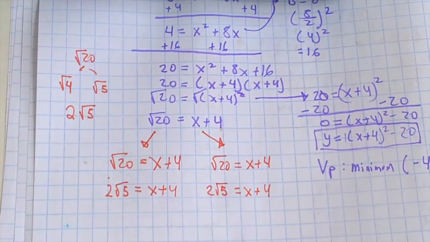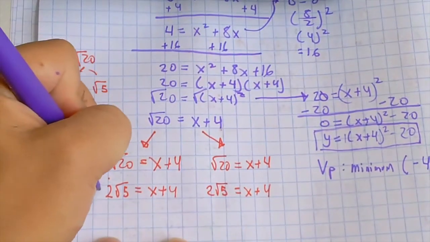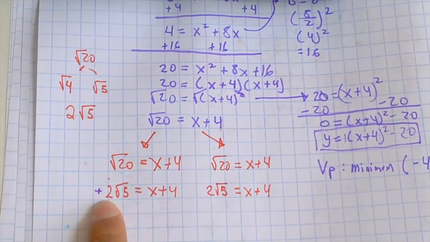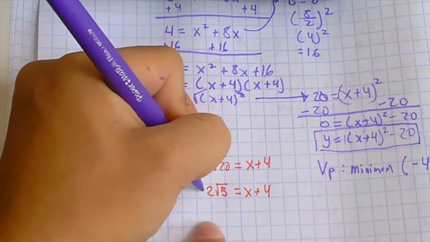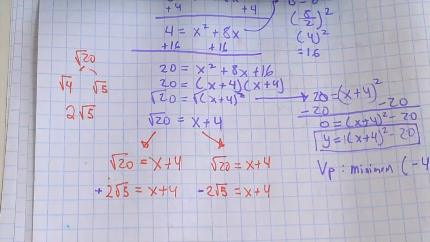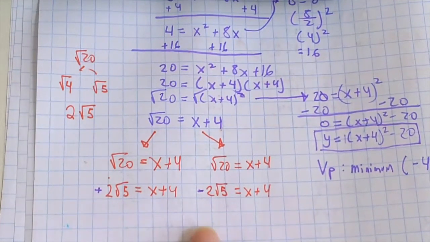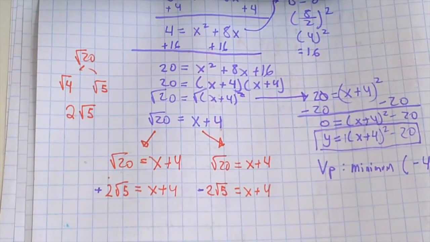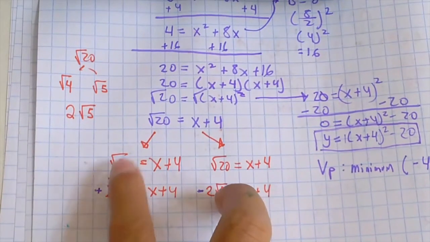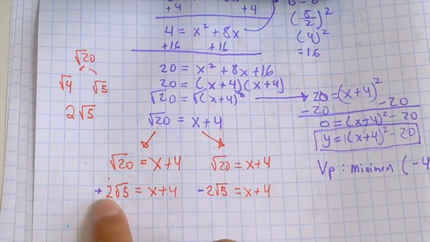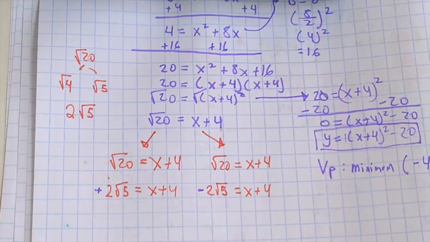But let's not forget that we're going to have a positive 2 square root of 5 and a negative 2 square root of 5, okay? Because of that square root property that we learned earlier: anytime we're square rooting, we're going to have a positive value as well as a negative value.